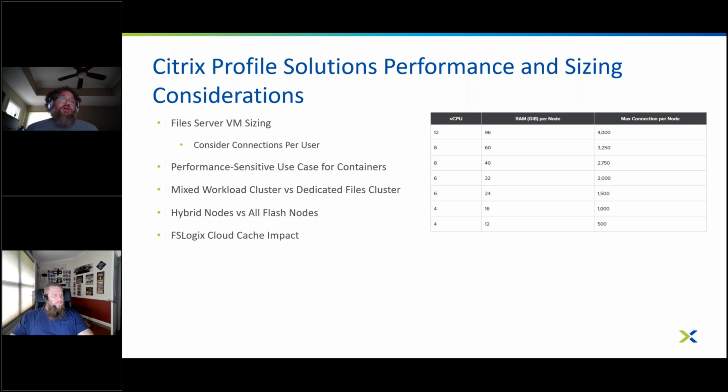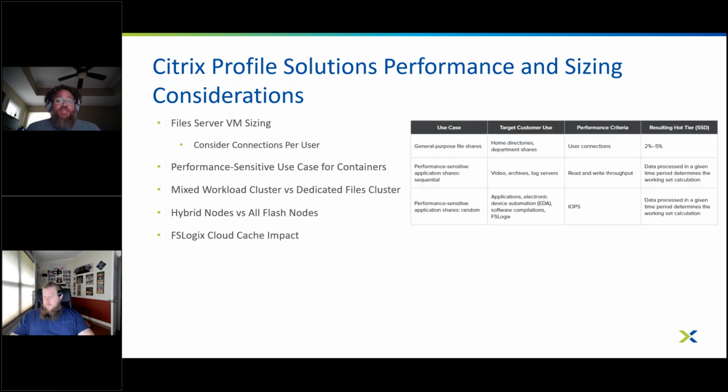Because when you have Cloud Cache on a mixed workload cluster with VDAs and files, you're writing twice: on the VM itself, the VDA, and the files deployment on that same cluster. So just be careful there with the FSLogix Cloud Cache impact.